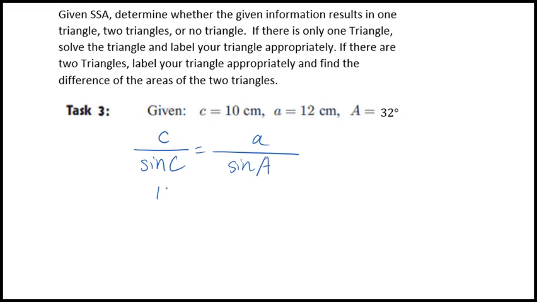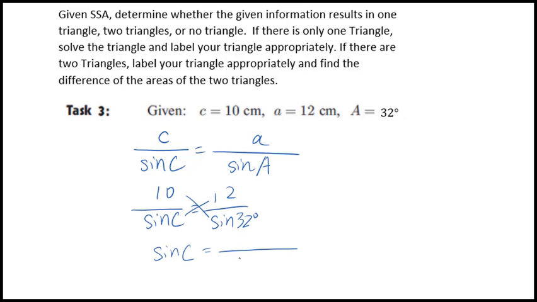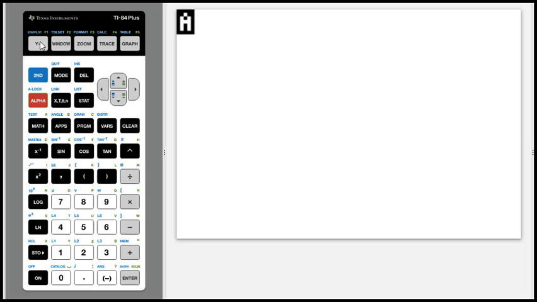Then for this C is 10 over sine C equals 12 over sine 32 degree. Then cross multiply, sine C equals, denominator will be 12, 10 times sine 32 degree. Then we can get C1 equals, so we go to alpha y equals, enter.